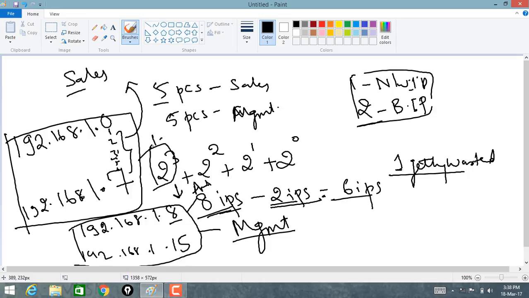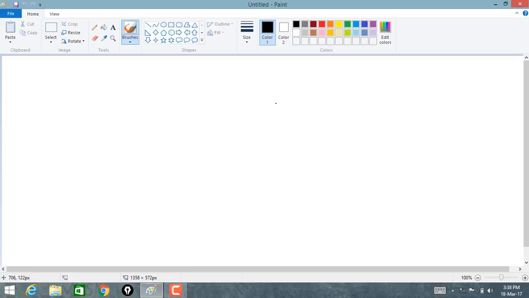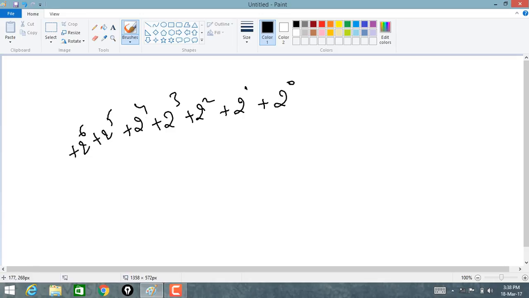So did you notice something over here? Here we are using class C, but the subnet mask will get changed. We are using 2 power 1, 2 power 2, 2 power 3, and so on up to 2 power 7. These I have used for network bits.